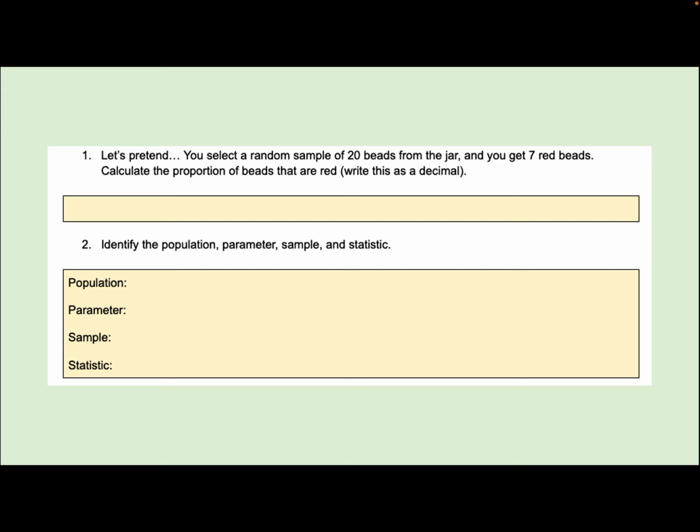All right, so the proportion of red beads is going to be 7 out of 20. And I asked you to write it as a decimal, so that's going to be 0.35. This is p hat. It's the proportion within our sample that meets whatever we're looking at here. It's red. Also, we'll get into this later, but just FYI, this is known as the point estimate for the true proportion.